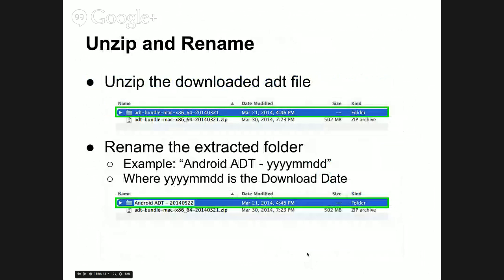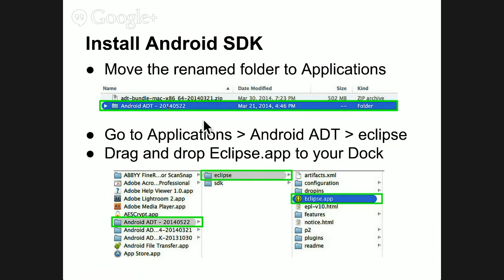On a Mac, you get this zip file. You expand it, and then you rename it to something useful. This is my naming convention. To install, you just drag and drop it to applications, and that's it.